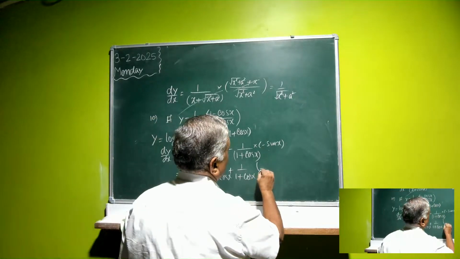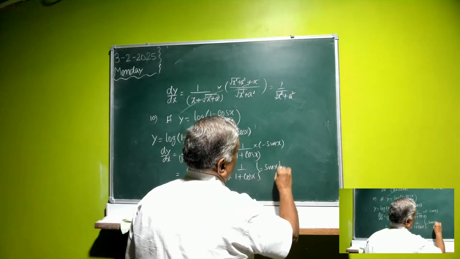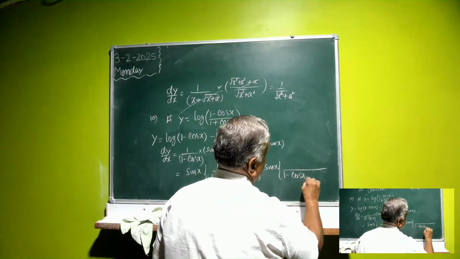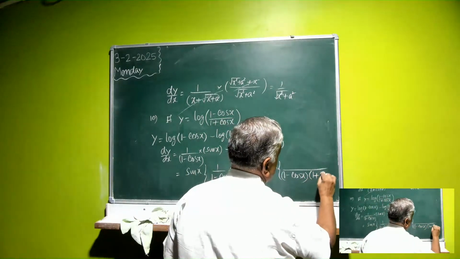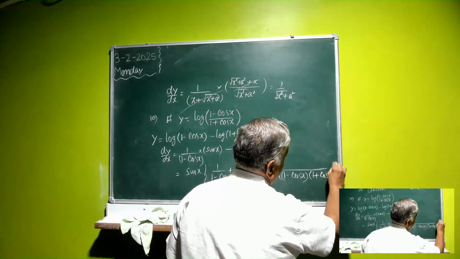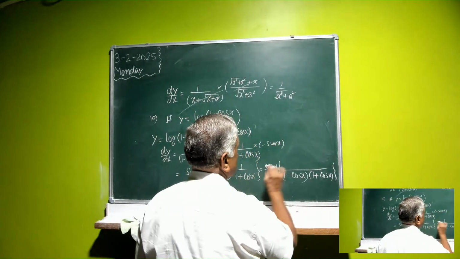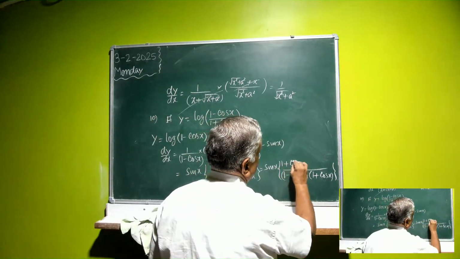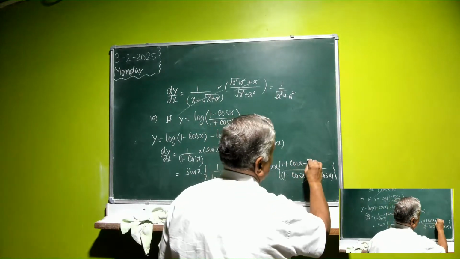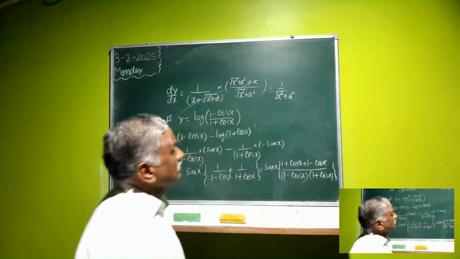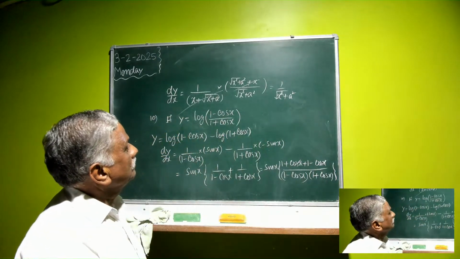So this is equal to, take the LCM. The LCM is (1 minus cos x) into (1 plus cos x). Now here, with 1 minus cos x, you get 1 plus cos x, and here you get 1 minus cos x. Cos x and cos x cancel.